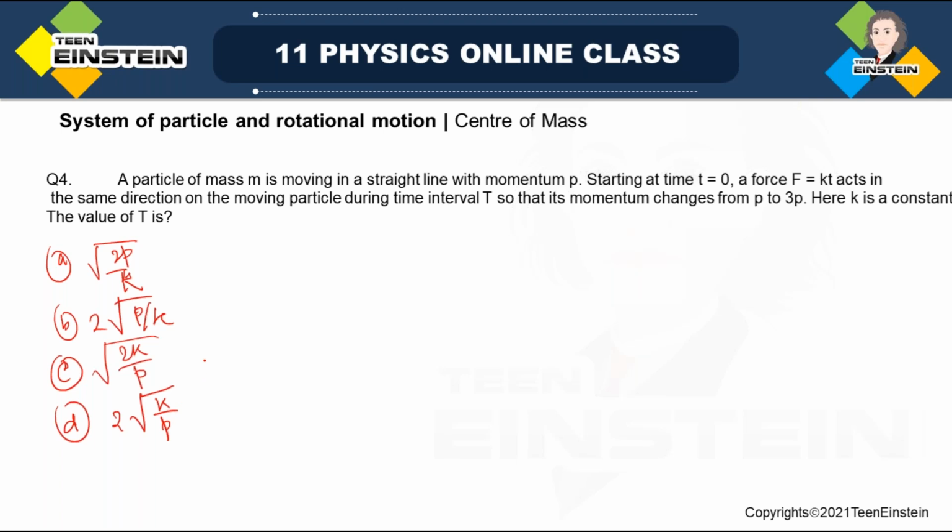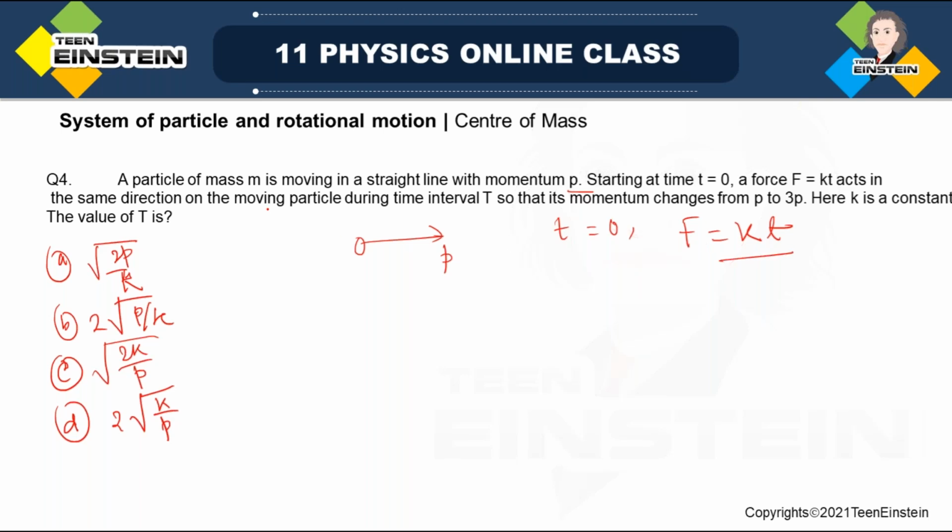Let me now read the question. A particle of mass m is moving in a straight line with momentum p. At time t is equal to 0, a force F is equal to kt acts in the same direction.